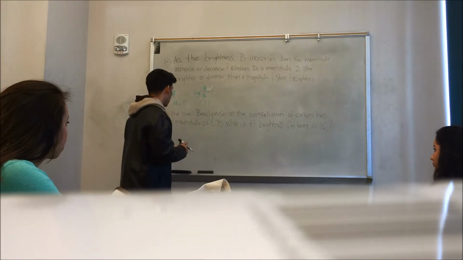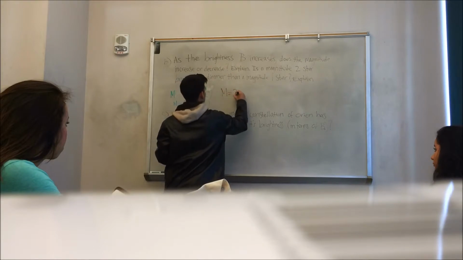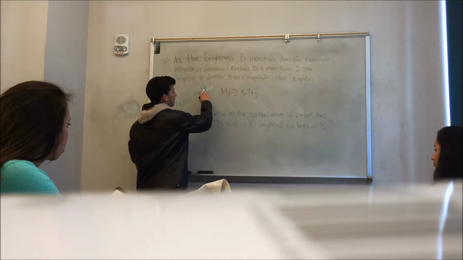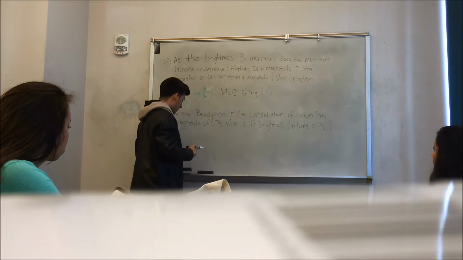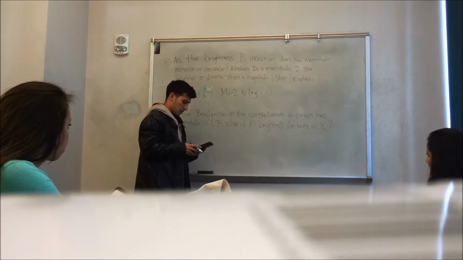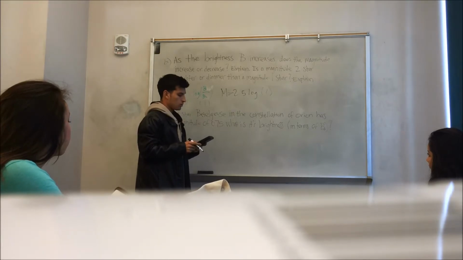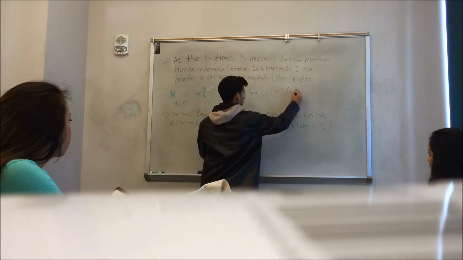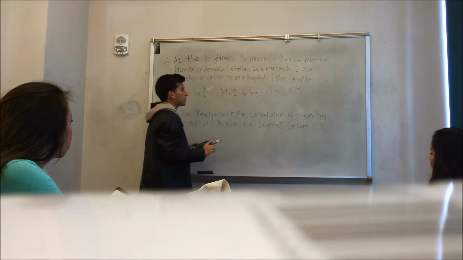So I'll go ahead and do that. So m equals negative 2.5 log, and in place of a brightness, I'll put 2. So if you plug that into the calculator, negative 2.5 log 2, we get negative 0.75.